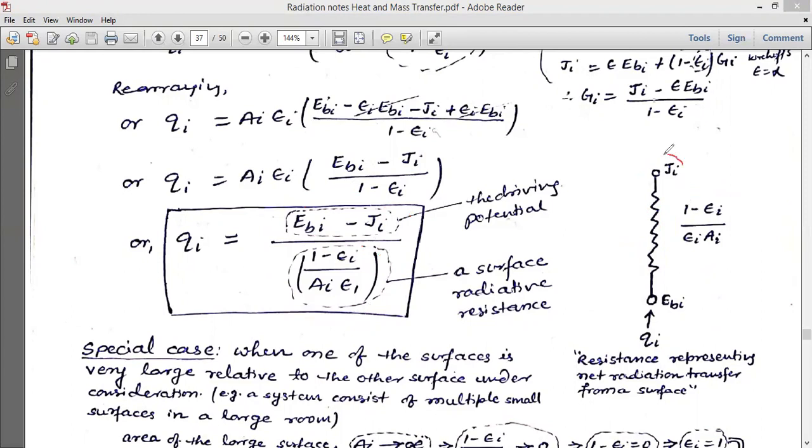The radiosity of the surface I, the total radiation that is coming out of the surface I, can be understood as if the radiation is not coming from the real surface I, but from an equivalent or hypothetical black body which is maintained at the same temperature as surface I, with a surface resistance (1 minus epsilon I) upon epsilon I Ai.